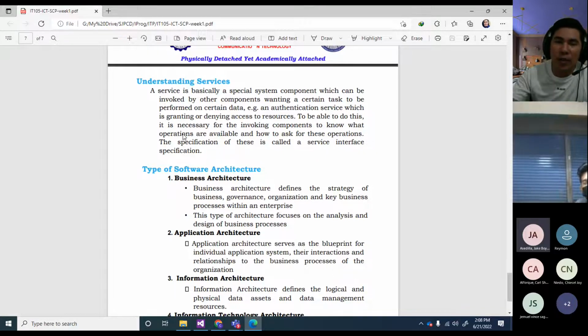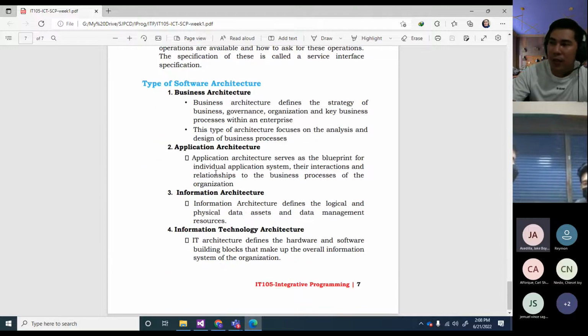Now, there are types of architectures that we need to familiarize ourselves with. Number one, we have business architecture.